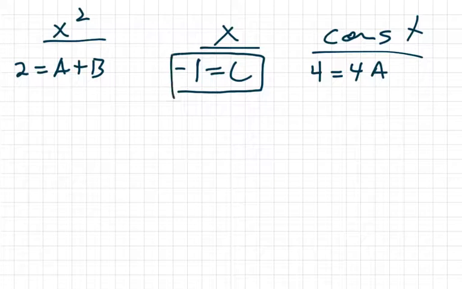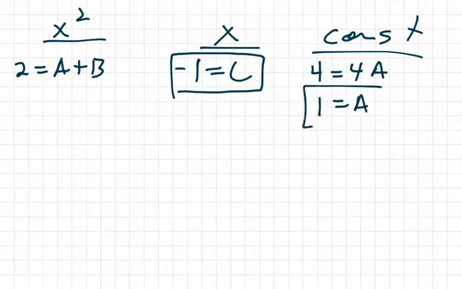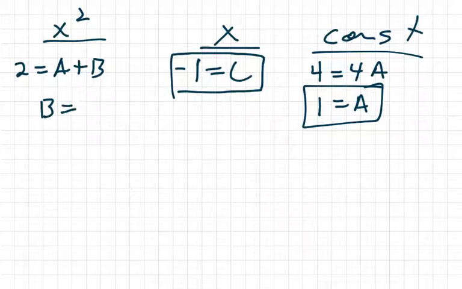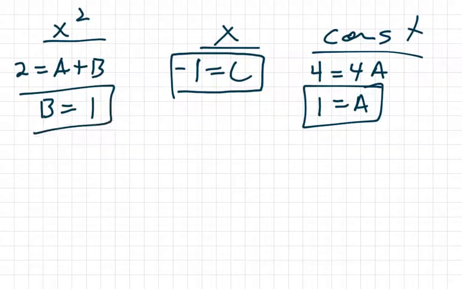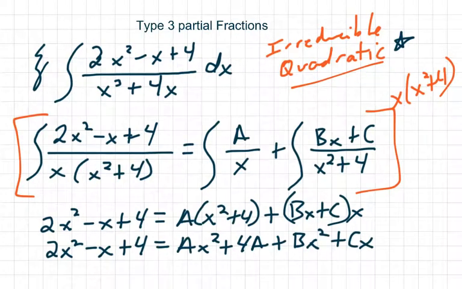That's beautiful. Divide the 4 out of here, I get 1 is equal to A. Well, that's nice. And I can take that over and get B. So B would also equal 1. So there's your three numbers. So now when I look back at the whole thing, you can see we've got to go and plug that into this side here.